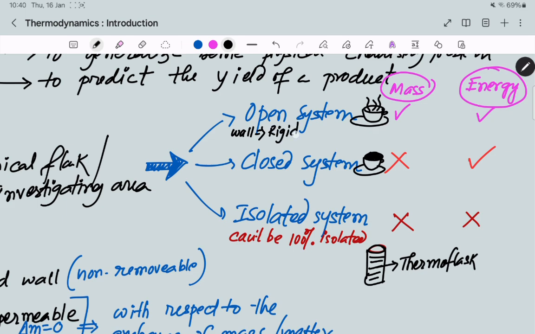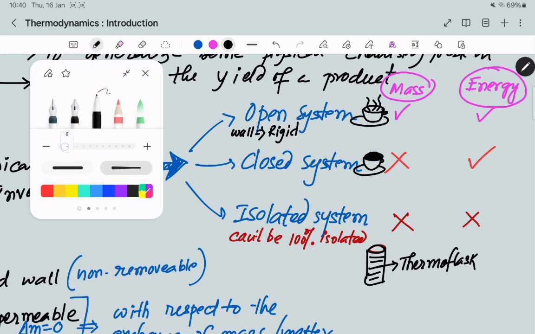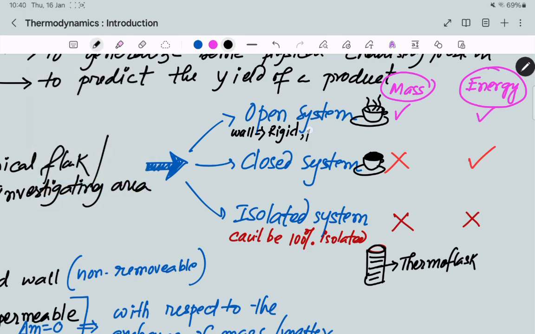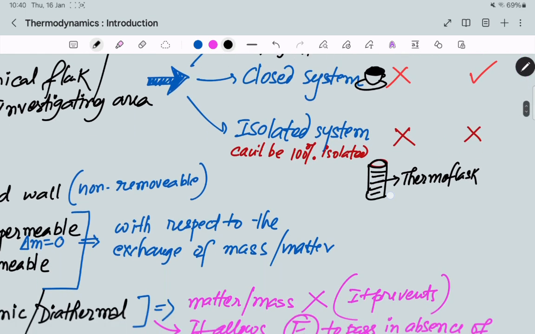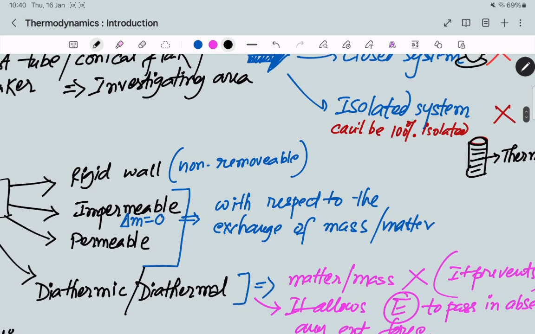And of course it will be permeable, right? It will be permeable. Why? Because permeable types of walls allow the exchange of mass or matter, right?